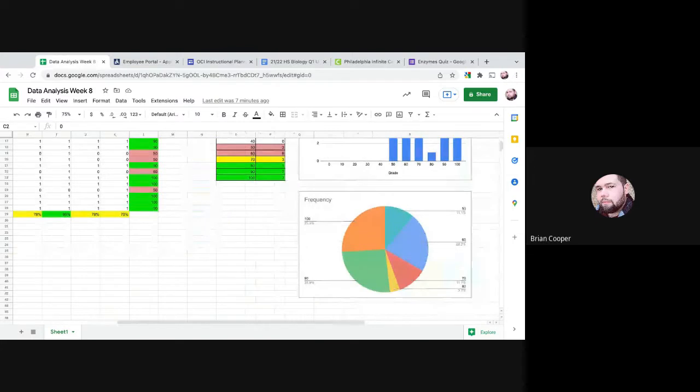I also thought it would be interesting to do a pie graph to see a visual representation of what percent of students received what score. 25.9% received 100, 25.9% received a 90, 3.7% received an 80, 11.1% received a 70, 22.2% received a 60, and 11.1% received a 50.